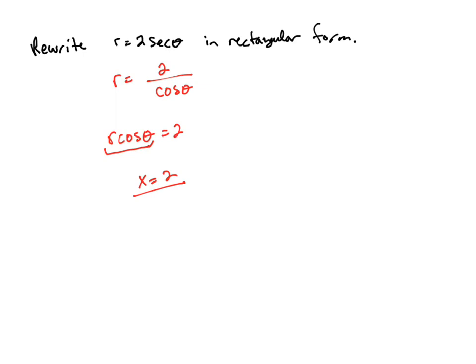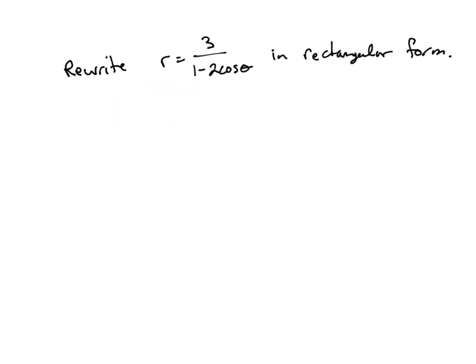Then let's do one more here. Let's rewrite r equals 3 over 1 minus 2 cosine theta in rectangular form. Sometimes you might see this called Cartesian form instead of rectangular form. So I'm going to multiply both sides by 1 minus 2 cosine of theta, which gives r times (1 minus 2 cosine theta) equal to 3.